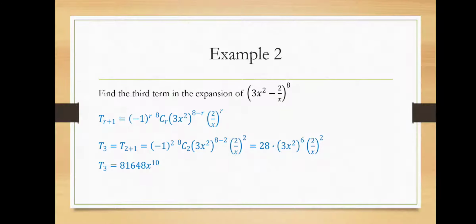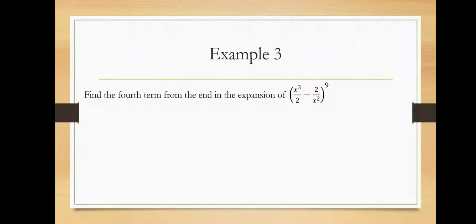Next, number 3. Find the fourth term from the end in the expansion of x cubed by 2 minus 2 by x square whole to the power 9. Now, finding the fourth term from the end can be done in a lot of ways, but I'm going to do it the way which I find the best.